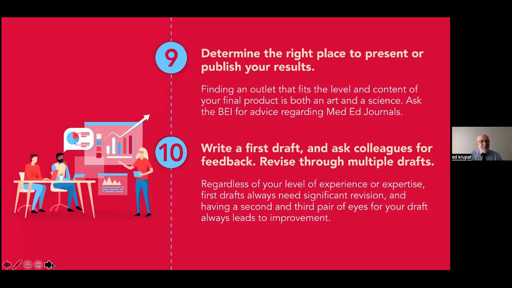So then, you don't have to do this at the very beginning, but you have to ask yourself, where do I want to publish this? Or maybe I want to give a presentation at a national meeting, or at an educational meeting or meeting in my field, or do I think this is ready for a prime journal?